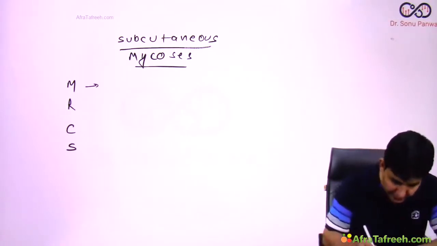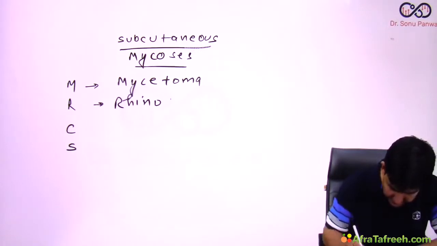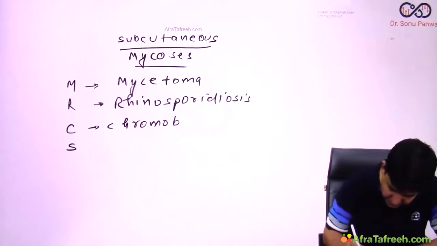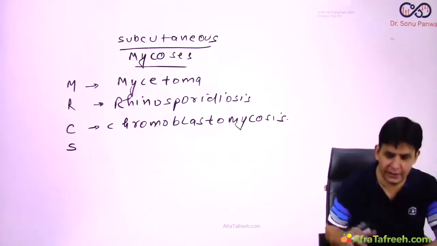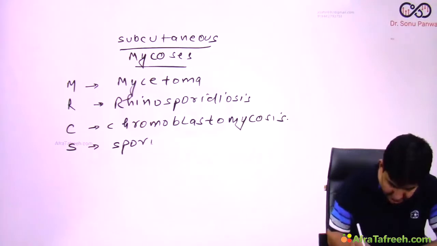Okay, M is what? M is mycetoma. R is rhinosporidiosis. C is chromoblastomycosis, or chromomycosis also they say. S is sporotrichosis.